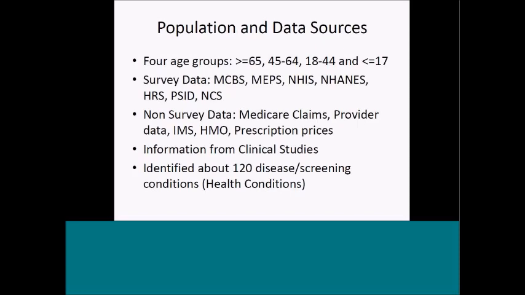In this analysis we are combining data from MCBS, Medicare claims, and NHANES; those are the 3 sources we are using for the 65 and older group. We can do it, but you get the data under a data use agreement from CMS for the MCBS.